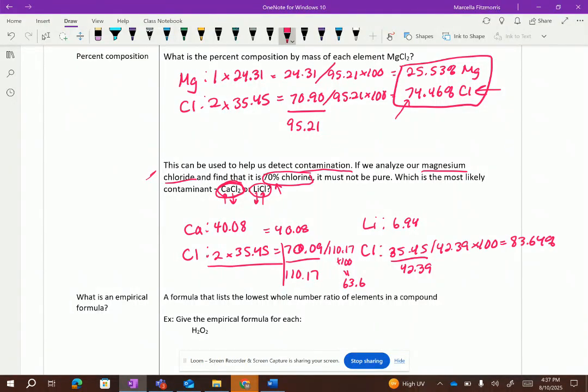So, whatever contaminant was there caused the percentage to go from 74 to 70. It lowered the percentage. If you think about this, like with test grades and stuff, the only way you're going to lower your percentage is if you have a lower grade. So in this case, CaCl2 has the lower percentage of chlorine, so it must be what's contaminating this.